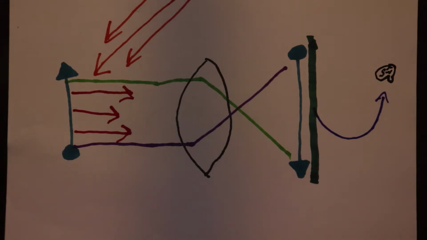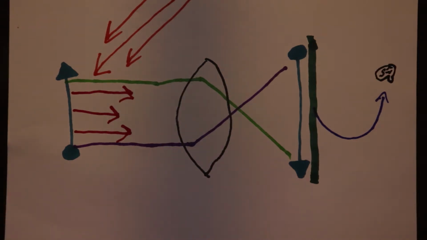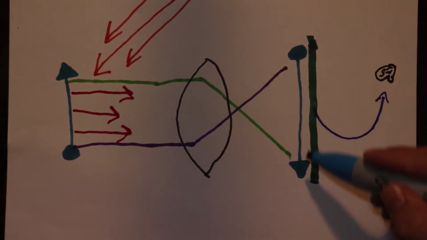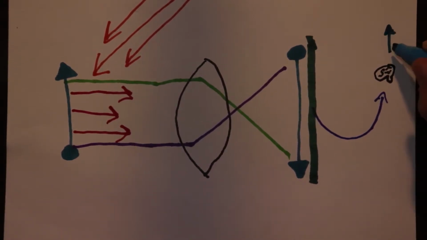In the brain, the object is transformed from what we see here, the upside down object, back to the right side up object.